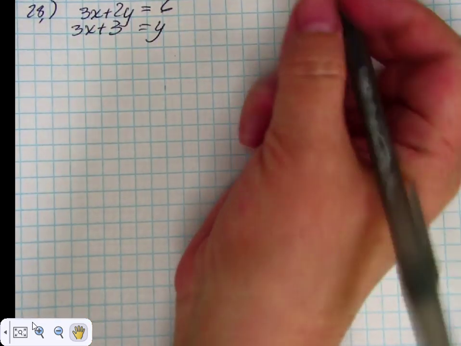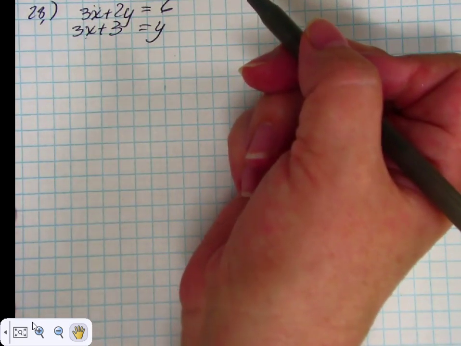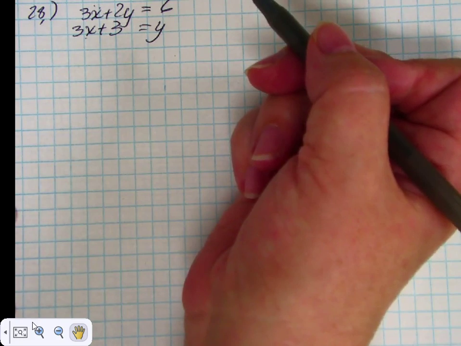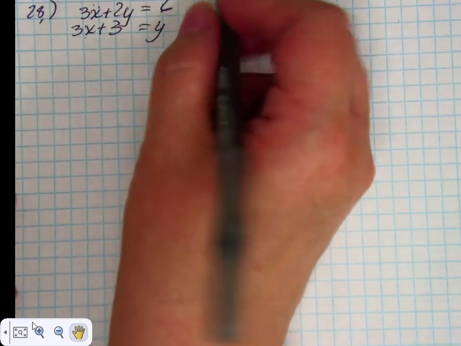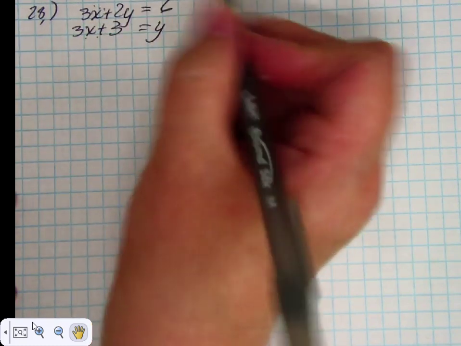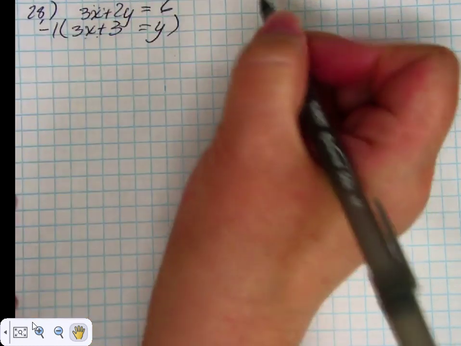And I want you to notice that I have the same coefficients here, the 3's, but one of them is not negative, and I need for that to happen. So what I'm going to do is multiply either the top or the bottom. In this case, I'm going to multiply the entire bottom one by a negative 1.